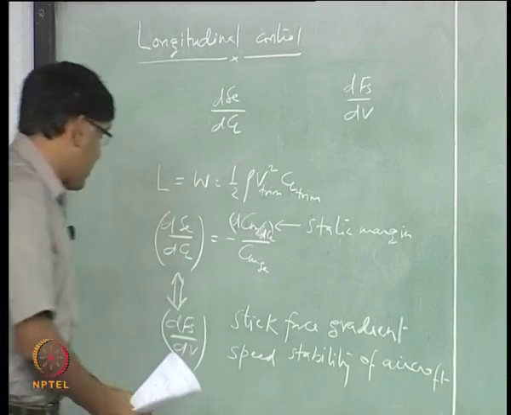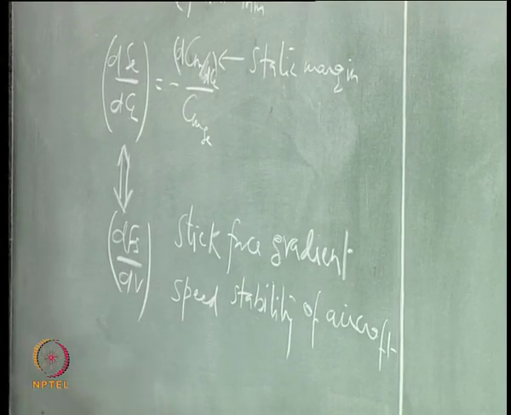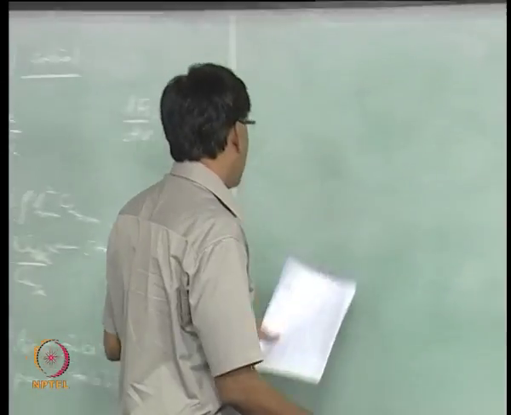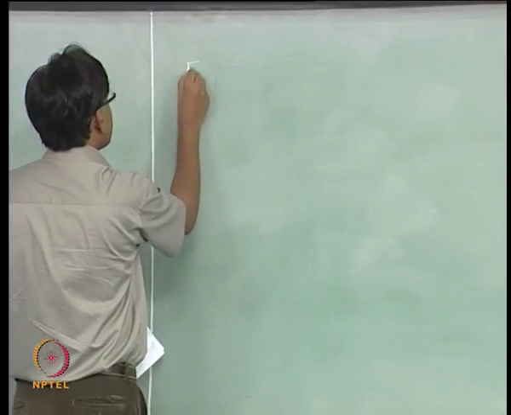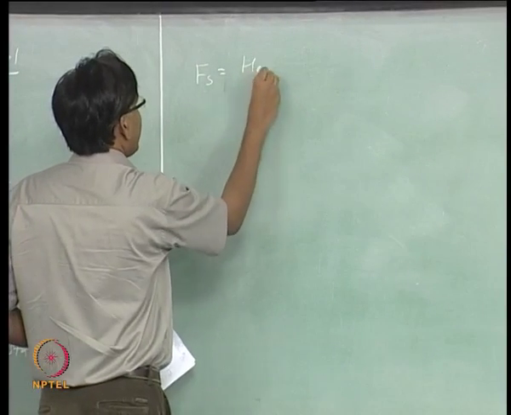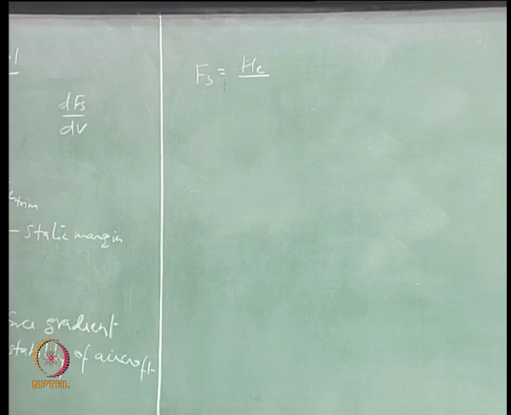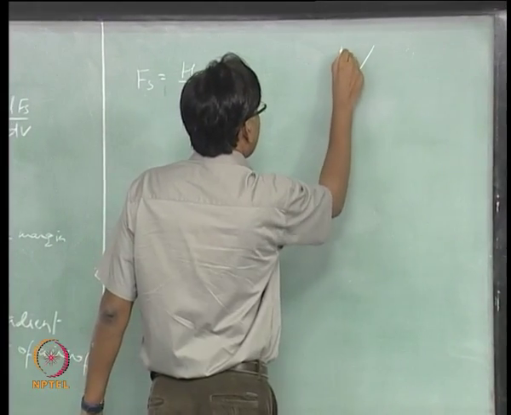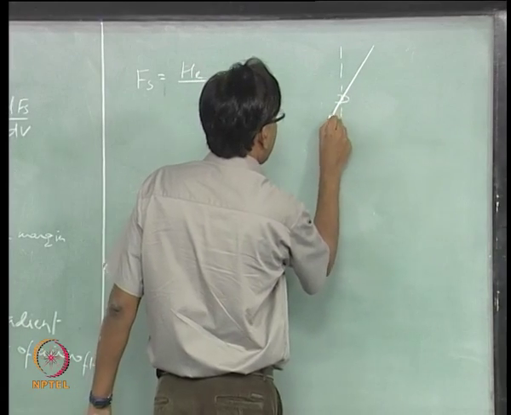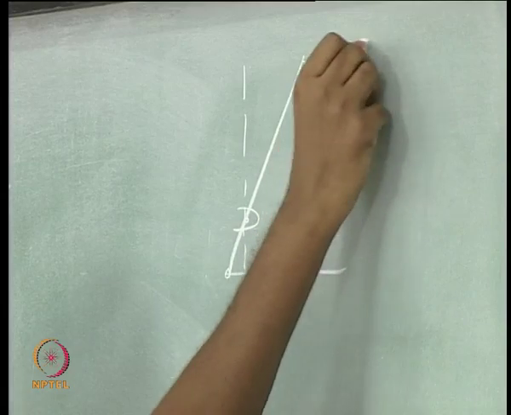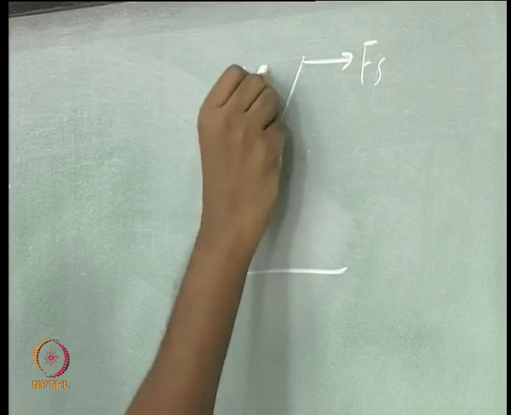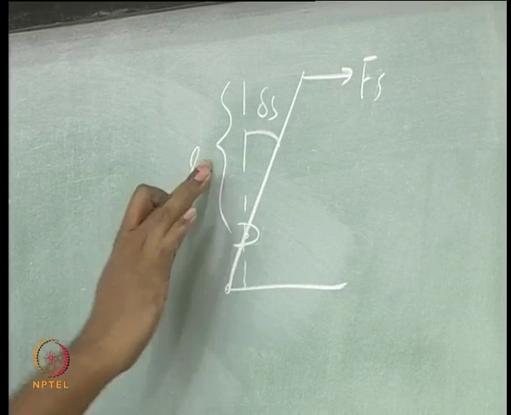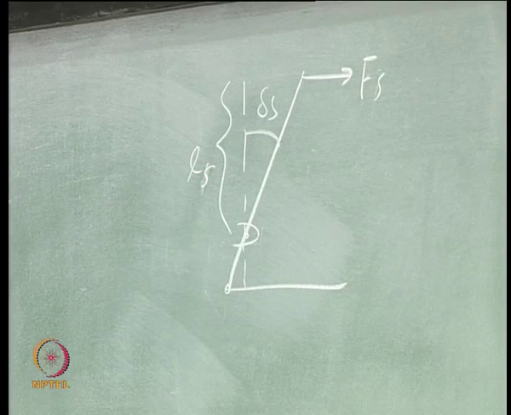So let us first try to find out an expression for this force in terms of the hinge moment. So Fs is He over Ls. Ls is the, remember I drew this picture.